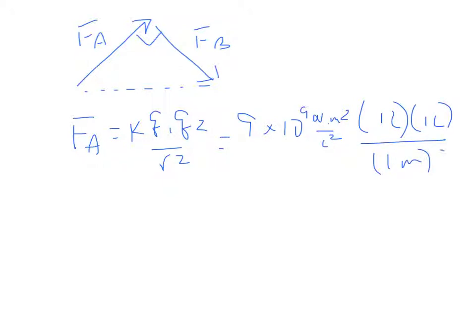Now I purposely picked numbers to make it a little bit easier as you're first learning. So that is clearly going to be 9 times 10 to the 9th. Again, those are large units, but it helps me. Excuse me, that should just be newtons per meter. Let's get rid of that. We just want newtons on our answer. Okay, so that's your answer.